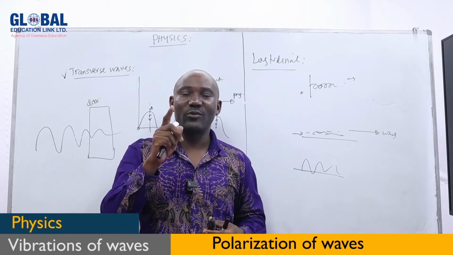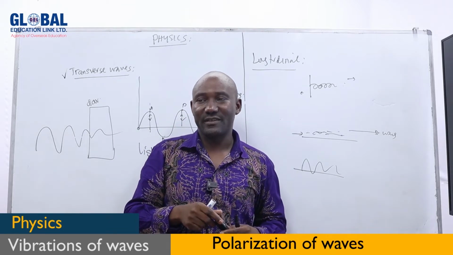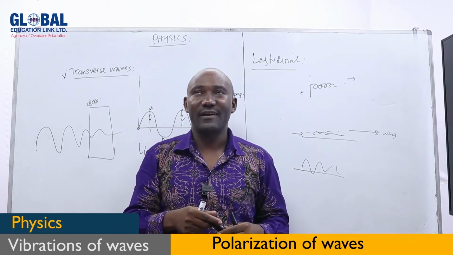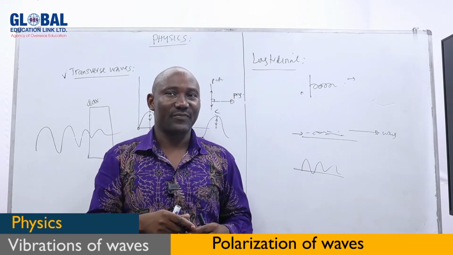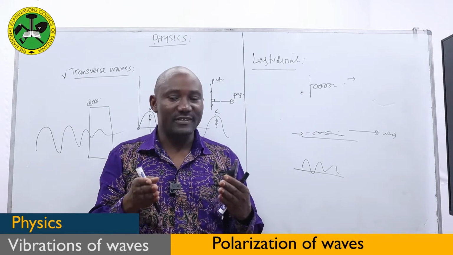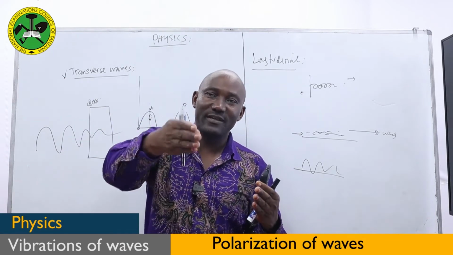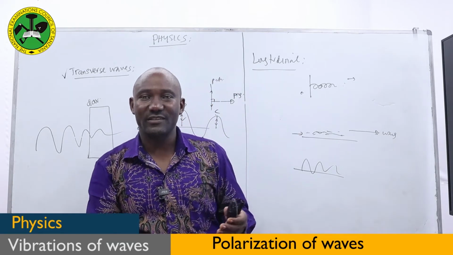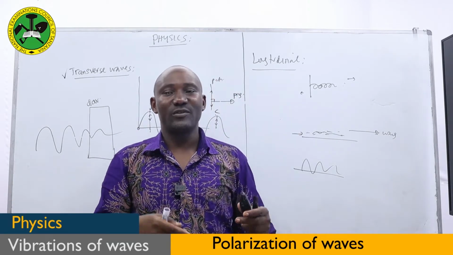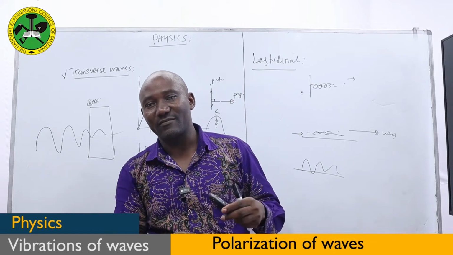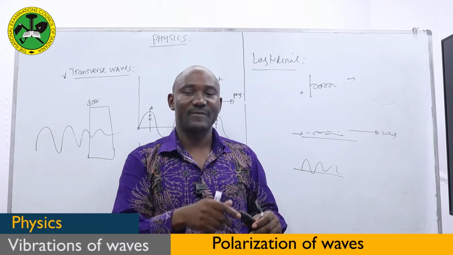So that's what we talk about, the polarization. Polarization is the process whereby the waves are restricted in a particular direction. For example, if you want to allow only a vertical vibration to pass, you restrict the horizontal vibrations. If you want the vertical vibration not to pass, then you can have the horizontal vibrations.